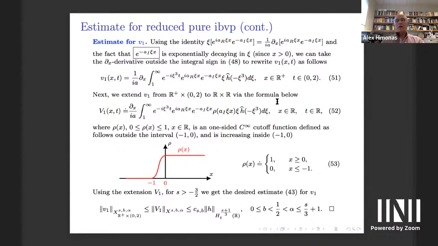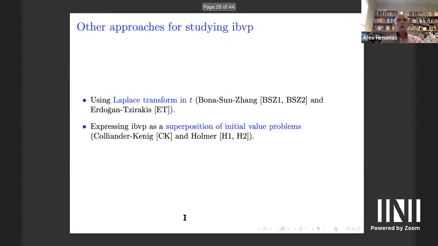And then it suffices to do the modified Bourgain norm, the global norm, of the part of the solution described here in 52, and we get this after some significant work.